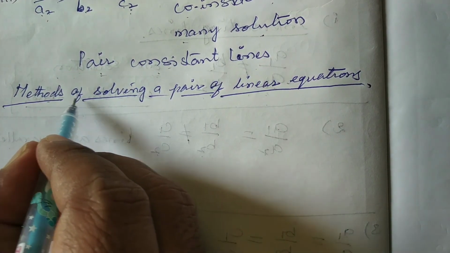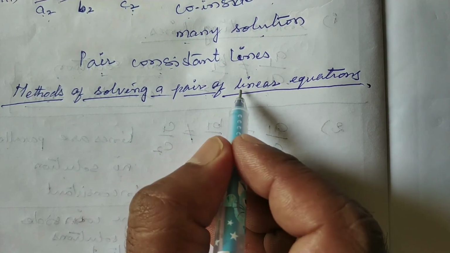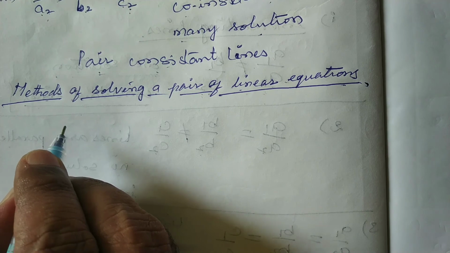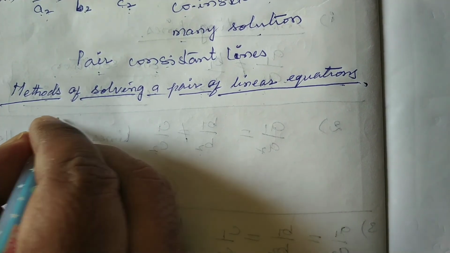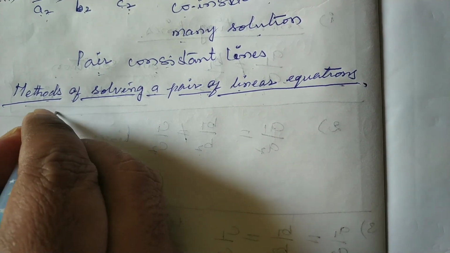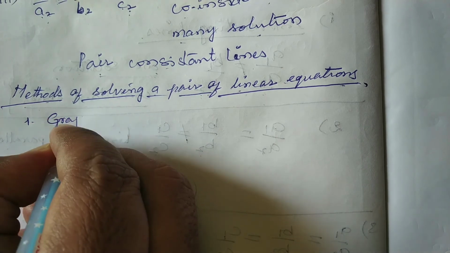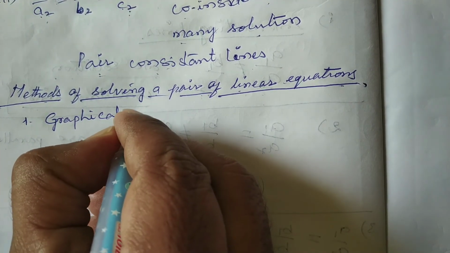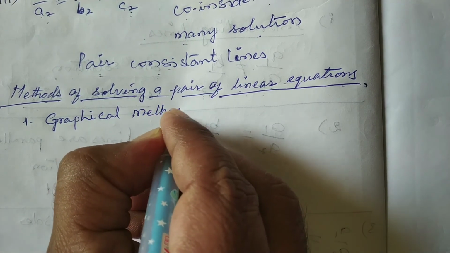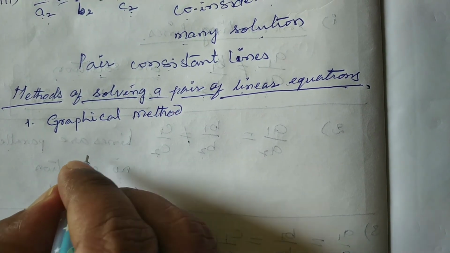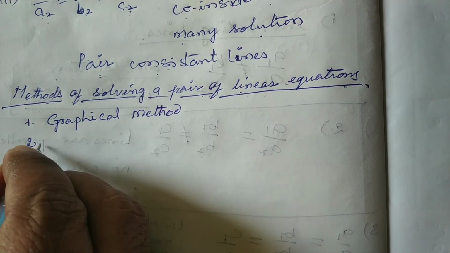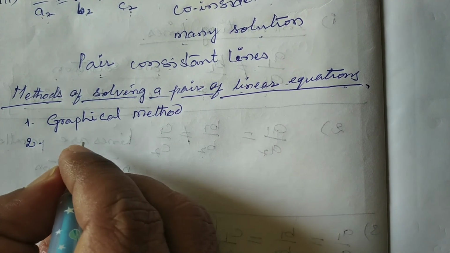So, methods of solving a pair of linear equations. The main methods are two. One is the graphical method. And the second one is the algebraic method.